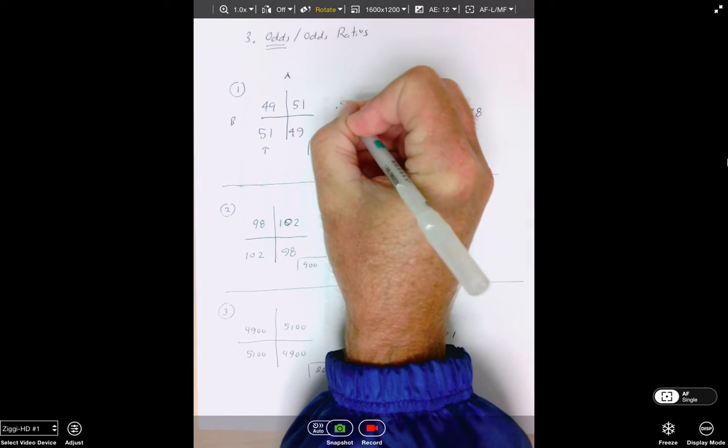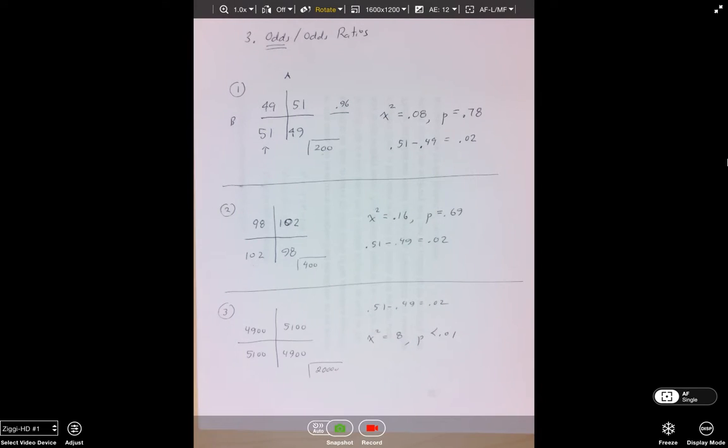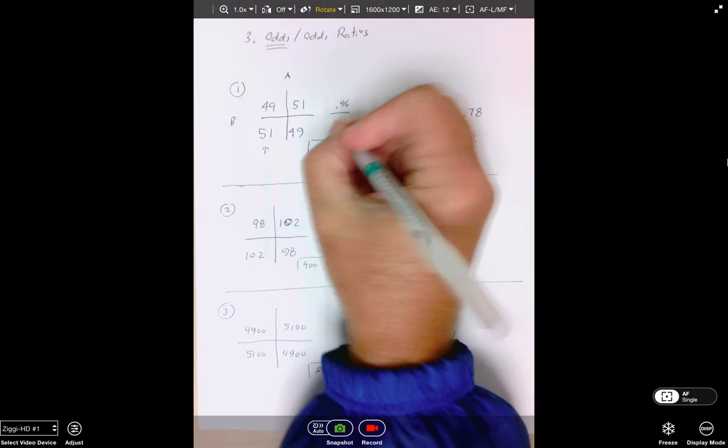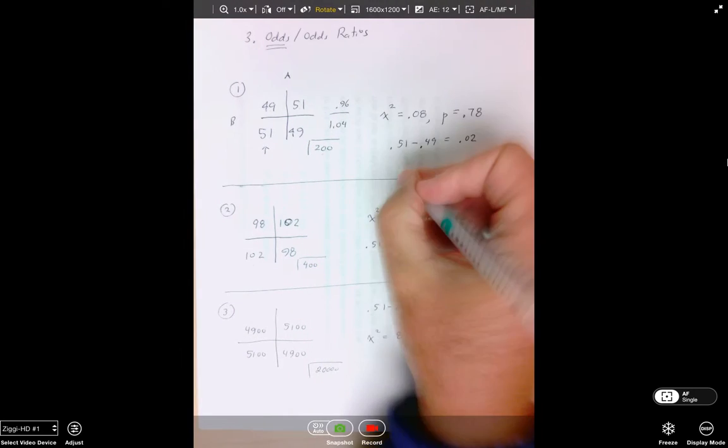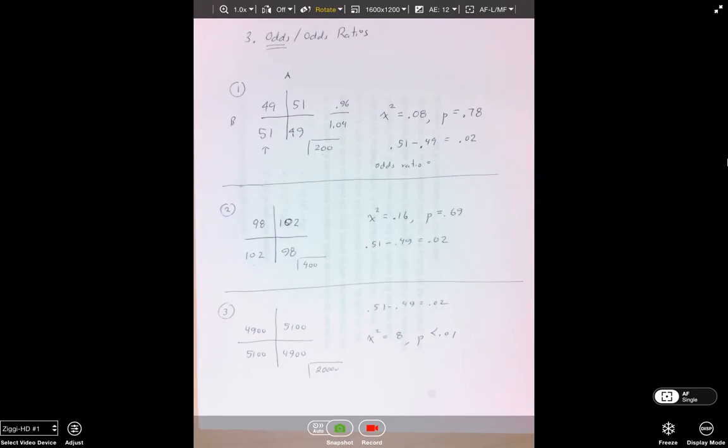So we're looking at essentially a 0.96, and then as 51 divided by 49, we have a 1.04. So the odds ratio is going to be the 0.96 divided by the 1.04. So we get about 0.92. I tell you what, I'm not real happy with that. So let's go 49 divided by 51 divided by 51 divided by 49. Yeah, 0.92.